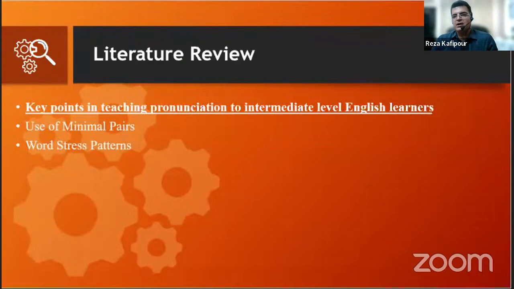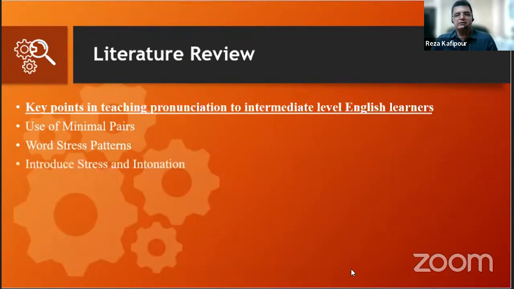Or let's say computer. Again, you highlight the second syllable, pew, to show that the stress should be on this syllable. Or microphone, highlighting mi to show that the first syllable should be stressed. It is the use of word stress patterns.